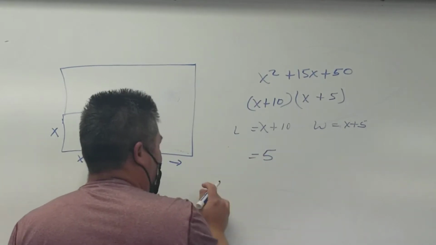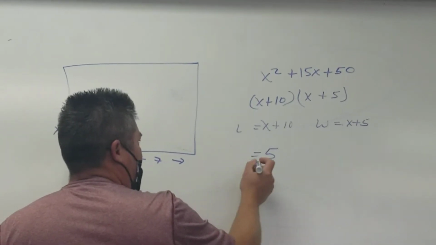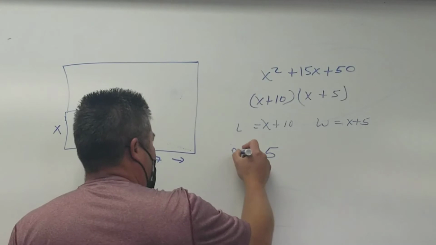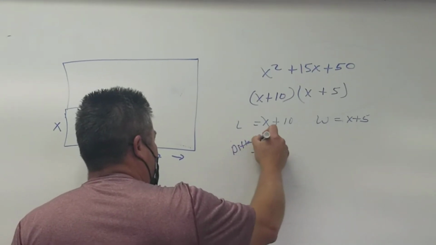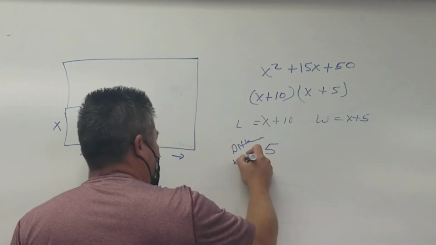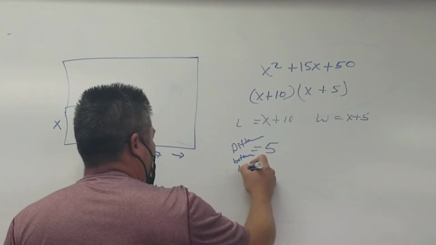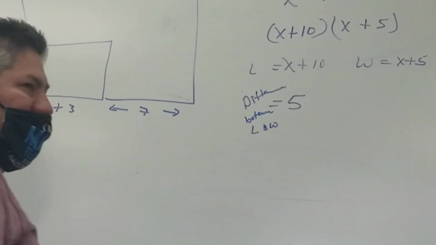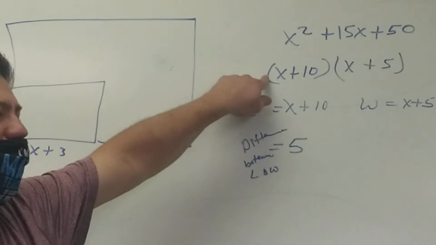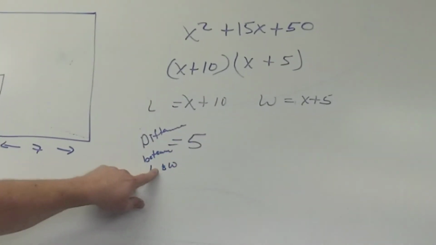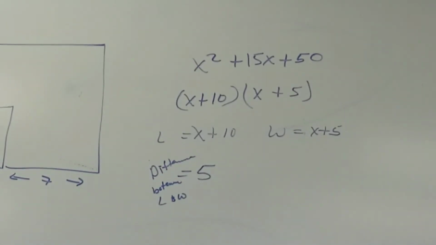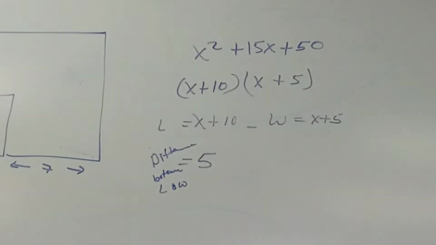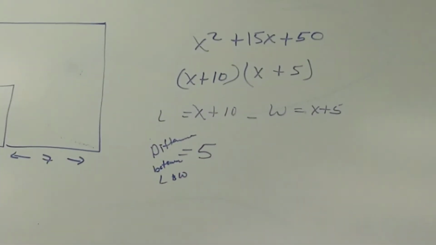So 5 is the difference between length and width. Okay, that's part B. So this was part A, the factoring. Part B is what is the difference between length and width? How did we get this? We subtract it. That's how you do it on the test.